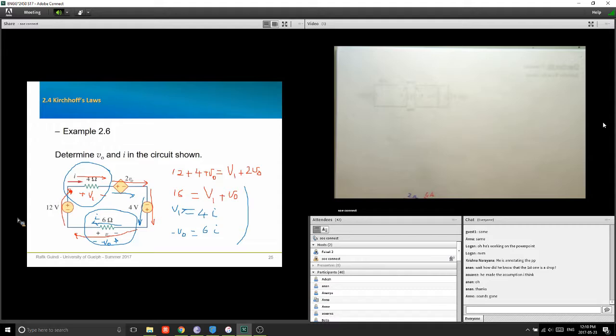And you remove V0 from the second line, you get negative 6I. Then you're going to solve and find the value of I. And once you have the value of I, you put it back in here, you get the value of V0. So just solving these now is going to give you the value of V0 and I that you're looking for. So again, the whole idea is you have to know how to apply KCL, KVL, and Ohm's law.